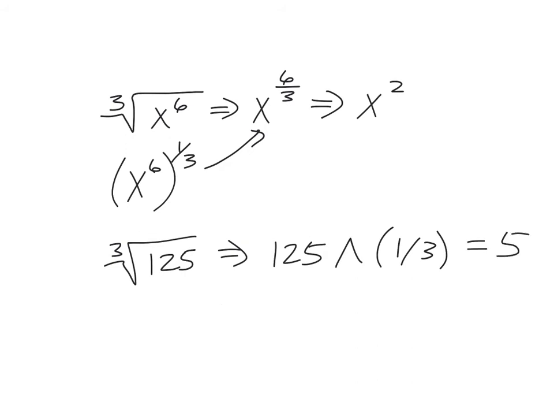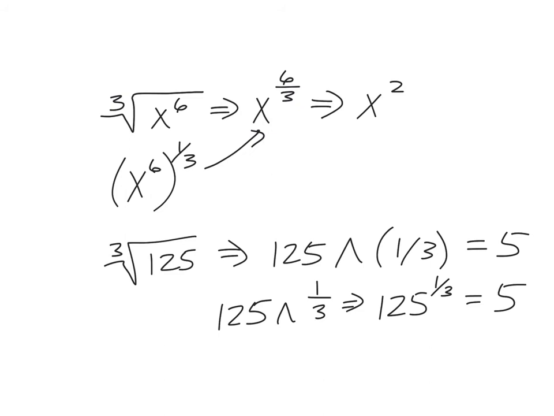If you do the alpha y equals button, then it's 125 raised to, and then you'll do alpha y equals, and it's 1/3, and it would look like this on your calculator, and then you still get 5.